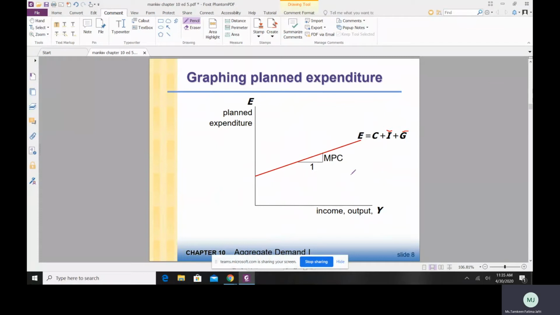Okay? Let's suppose MPC is equal to 0.7. What this means is that if disposable income increases by $1, consumption increases by 70 cents, and the remaining 30 cents you are actually saving. So that's the reason why the planned expenditure curve is upward sloping, but its slope, note that it's less than 1.